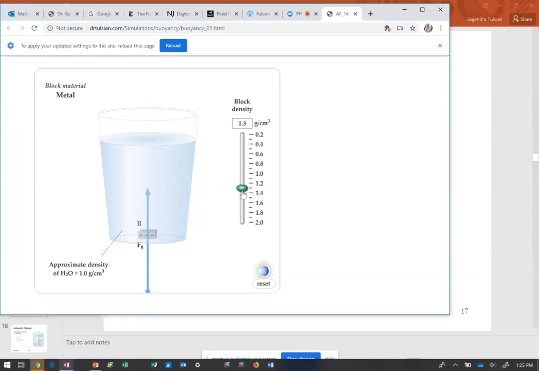Okay. Now we'll make it equal again. So now when the density of the block matches the density of the fluid, the buoyant force is equal to the weight of the block, and you see that now the net force is 0, and it will hover there.